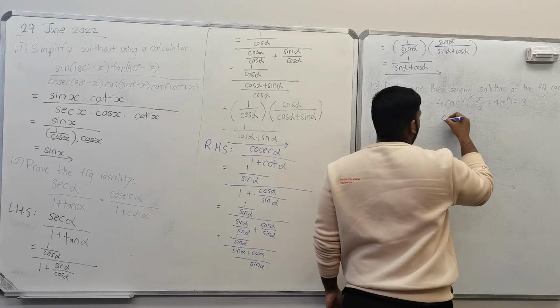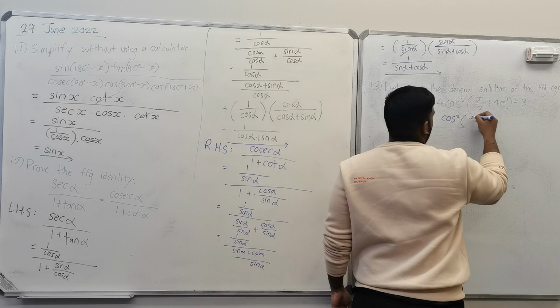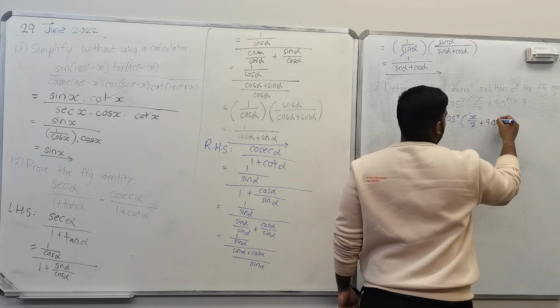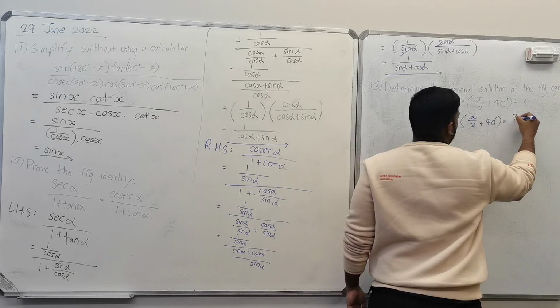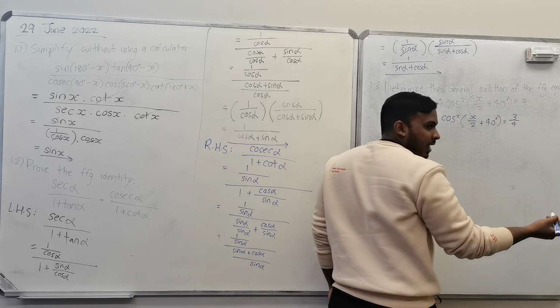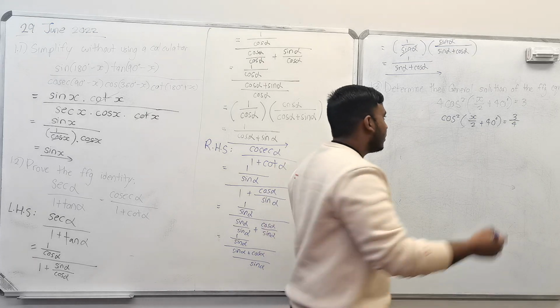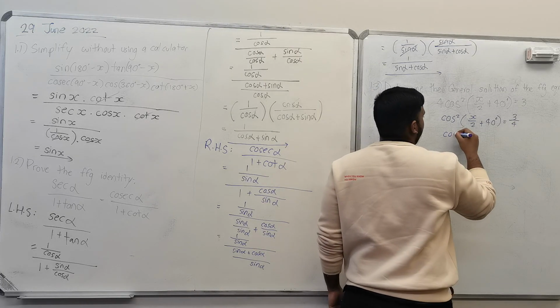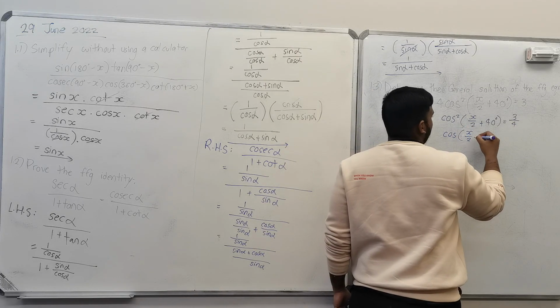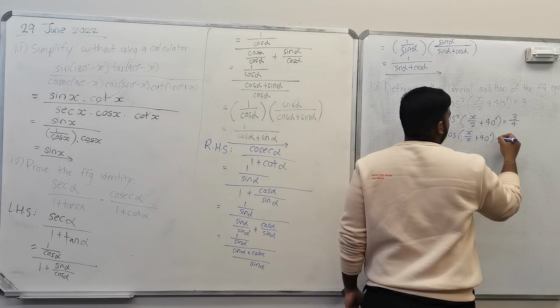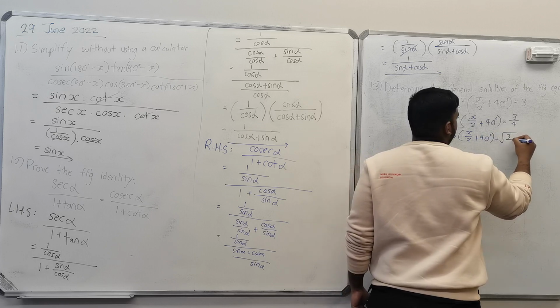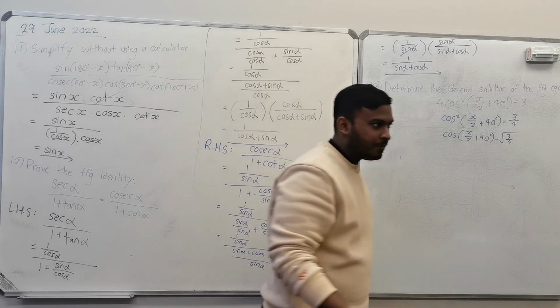You'll divide by 4, so you'll end up with cos squared of (x over 2 plus 40 degrees) is equal to 3 over 4. Then we're going to need to get rid of the square. So you square root, and you're going to end up with cos of (x over 2 plus 40 degrees) is equal to the square root of 3 over 4.